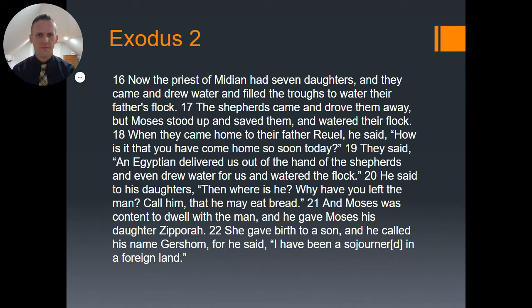When they came home to their father Reuel, he said, "How is it that you have come home so soon today?" Apparently, them getting bullied by the other shepherds was an everyday experience, and it often took them a long time to water the sheep. And they said, "Well, an Egyptian delivered us out of the hands of the shepherds, and he even drew water for us and watered the flock."